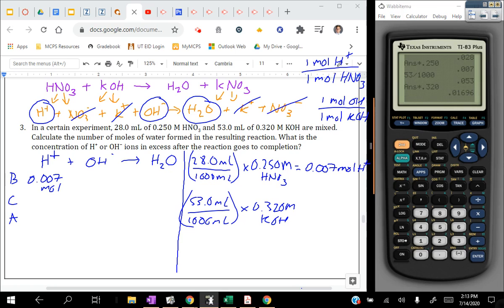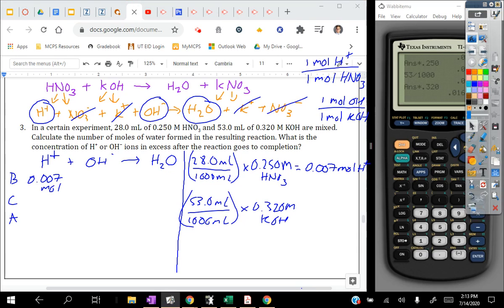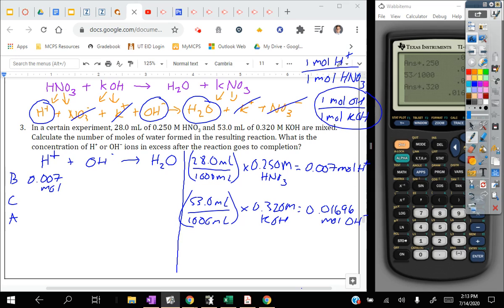All right, and I get 0.01696 moles. And since it's a 1-to-1 molar ratio, like I said here, you can just say that's the same as moles of OH minus.